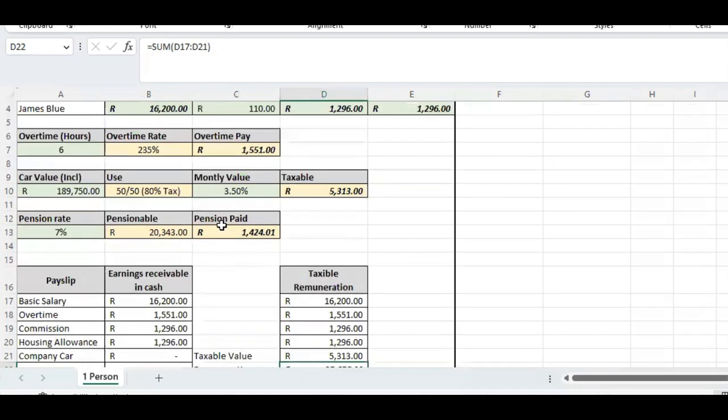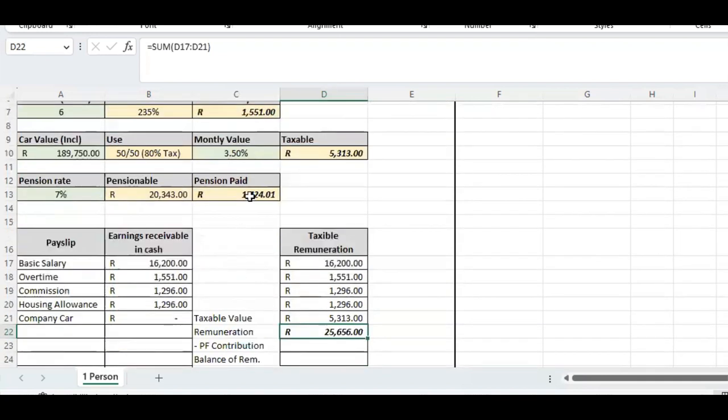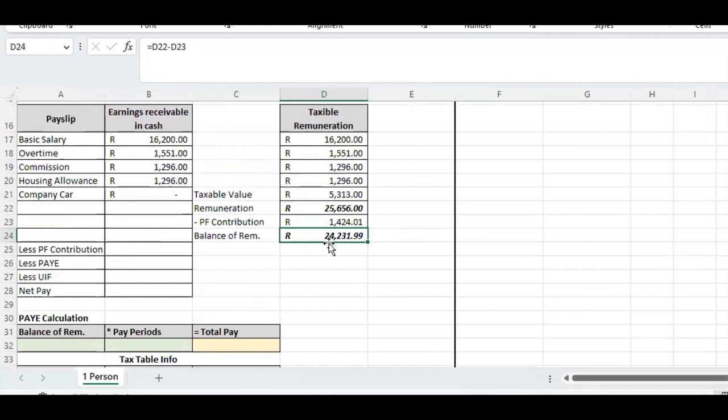We know what it was because we worked it out here. 7% of that 20,343, it was 1,424. So let's put it in there and subtract it so that we can get the balance of remuneration. Once we get the balance of remuneration, we will be able to calculate his pay as you earn.